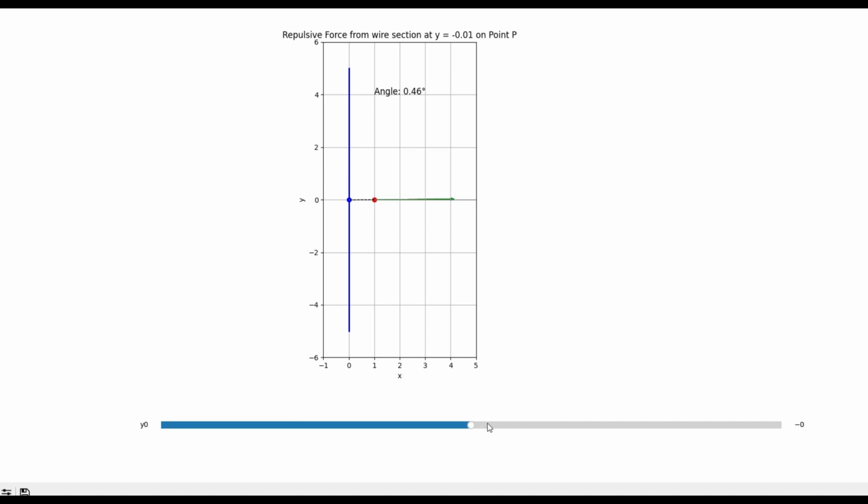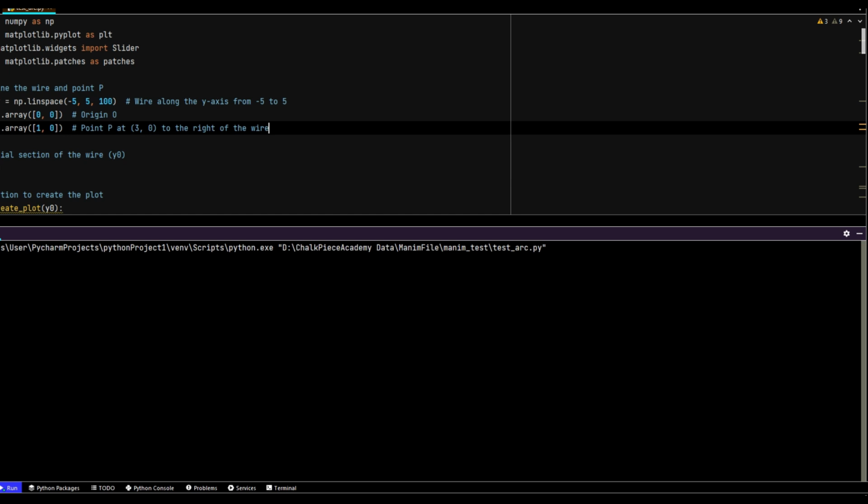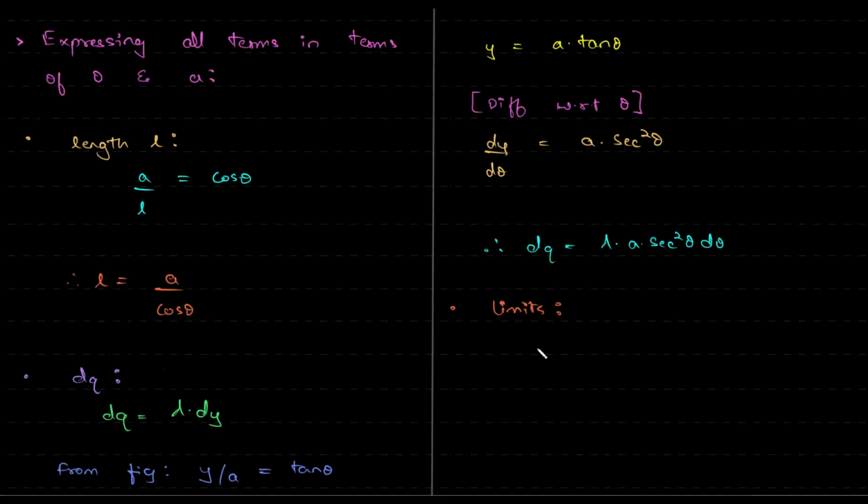At this point it's 0, and it's increasing. Actually, it's negative, but anyways, negative value. It's increasing to, yes, minus 90. At the other end, it will keep increasing to, correct, plus 90.